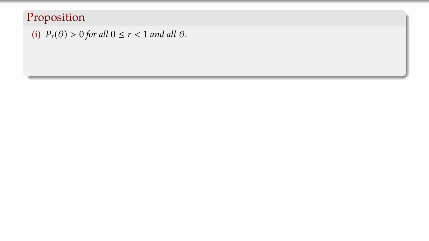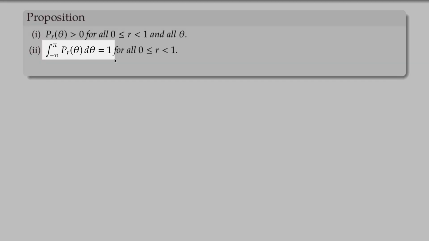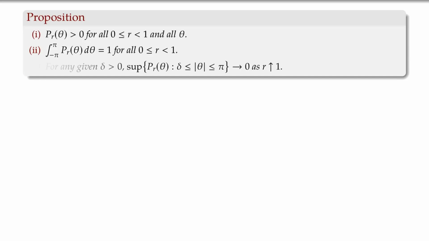And again, we're only looking inside the disk, right? So it's positive for all r and all theta. Furthermore, if we fix r, any r between 0 and 1, then the Poisson kernel integrates to 1 if we integrate in theta, right?